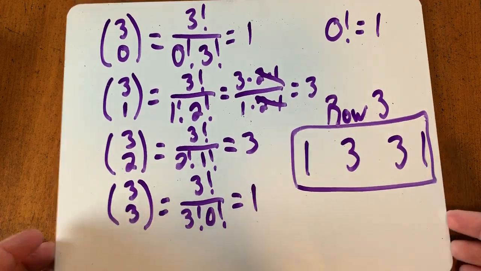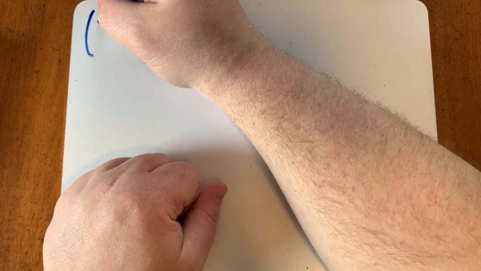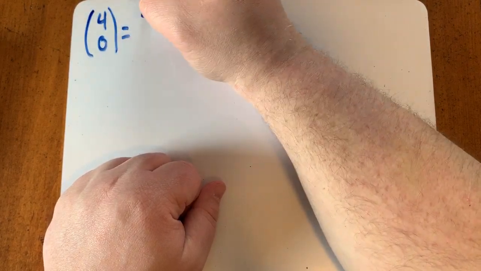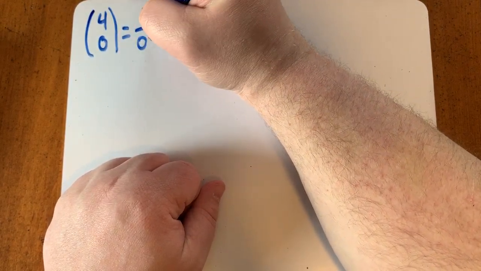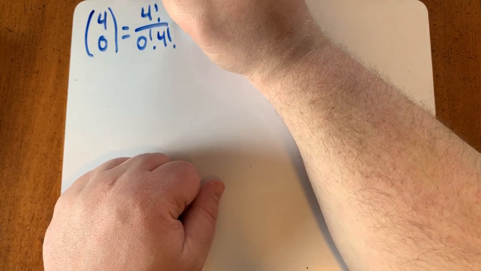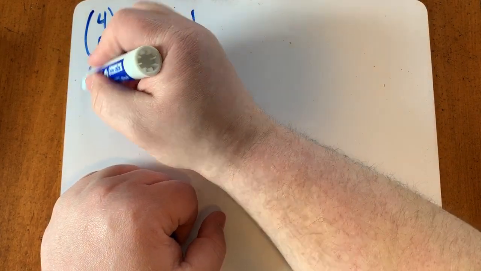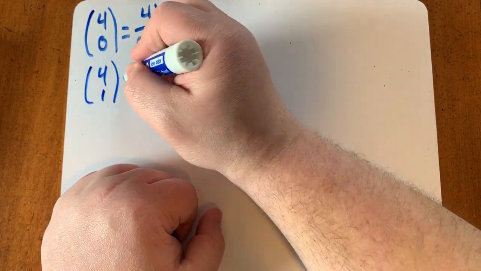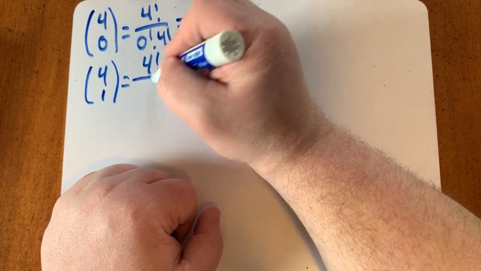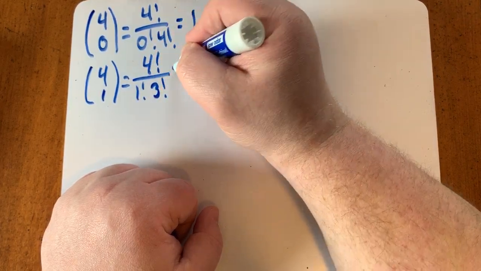Now, would it blow your mind if we did the combinations for 4 and it came out to be 1, 4, 6, 4, 1, which was row 4? Well, watch this. 4 choose 0, 4 factorial over 0 factorial, 4 factorial. That's just 1. 4 choose 1, 4 factorial over 1 factorial, 3 factorial.